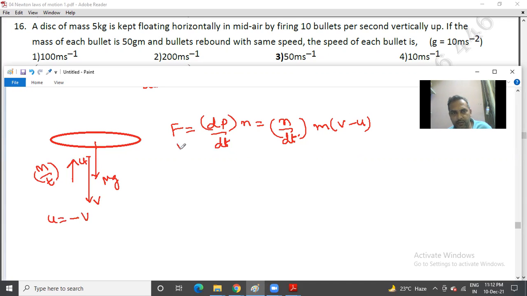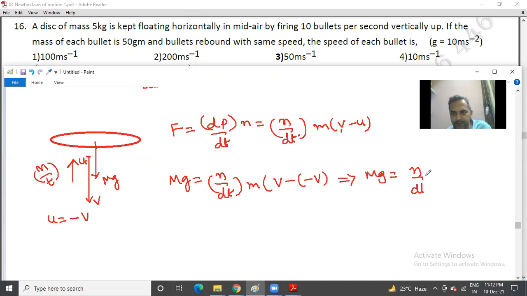Therefore this F is going to be mg. The weight is balanced with the force applied by the bullets on the disc. So mg is equal to n by dt with m, and since v and u are opposite with equal magnitude, it will be v minus of minus v. So mg is equal to n by dt with m into 2v.